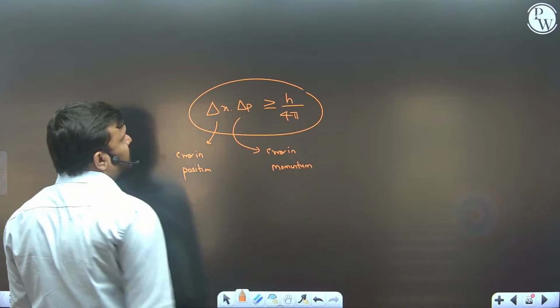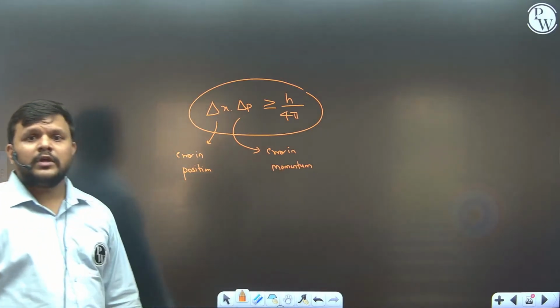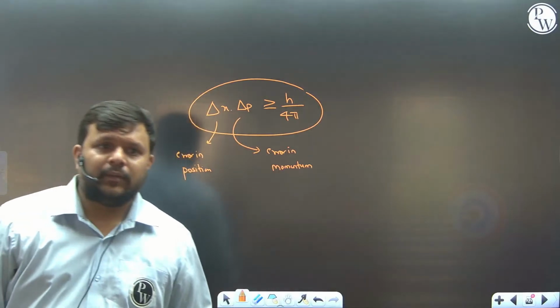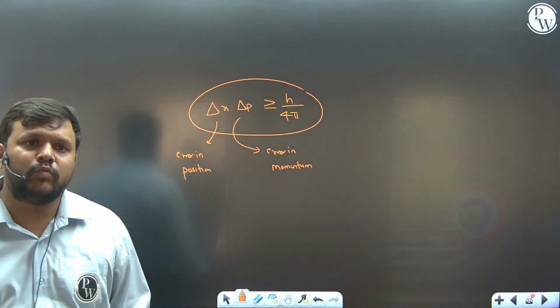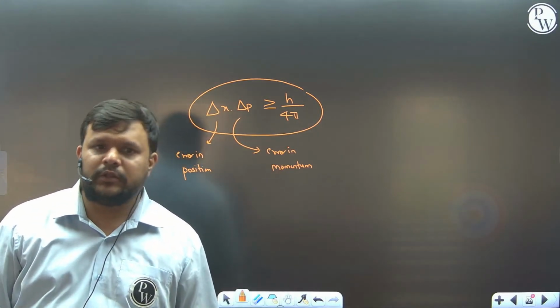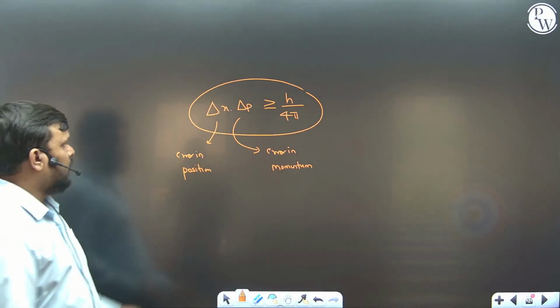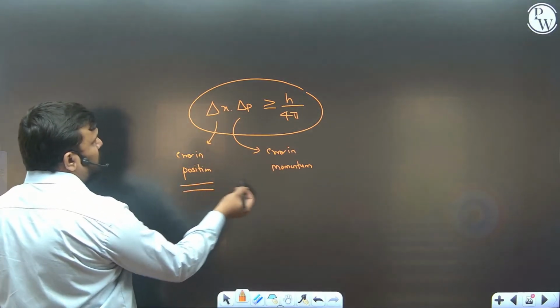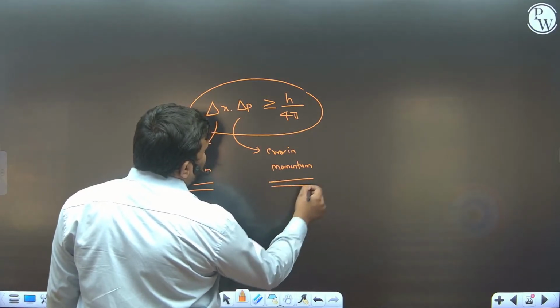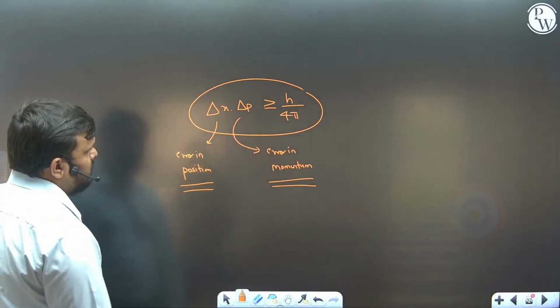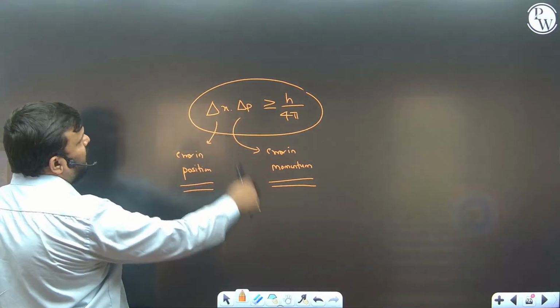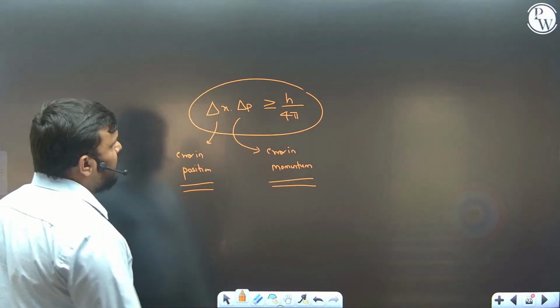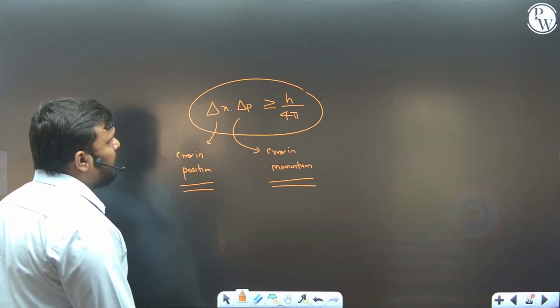So what Heisenberg says is that if you calculate the position as well as momentum of an electron at an instant, you will be having error in both the calculation of position as well as momentum.